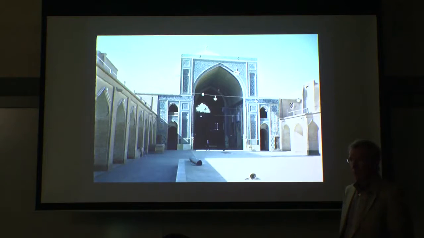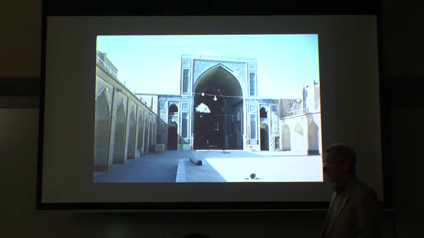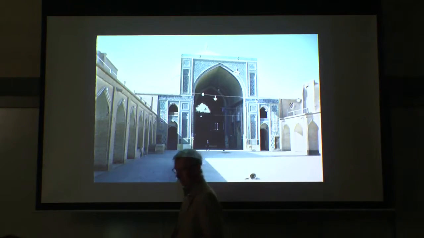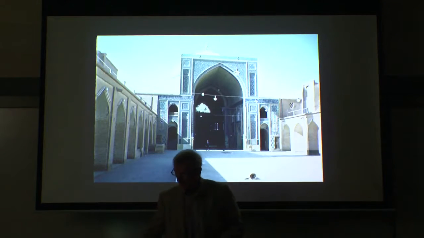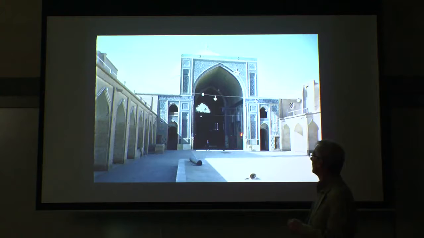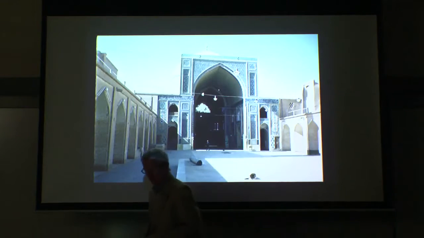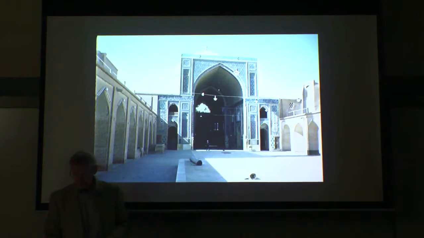We're not really sure what kind of function these had. They've closed off part of it for women's prayers at the moment, but this is a relatively new feature. In general, women weren't expected to attend Friday prayers, so there wasn't a special space set aside for them in most medieval mosques in most Islamic countries. So it's still really a bit of a mystery exactly how they were used.